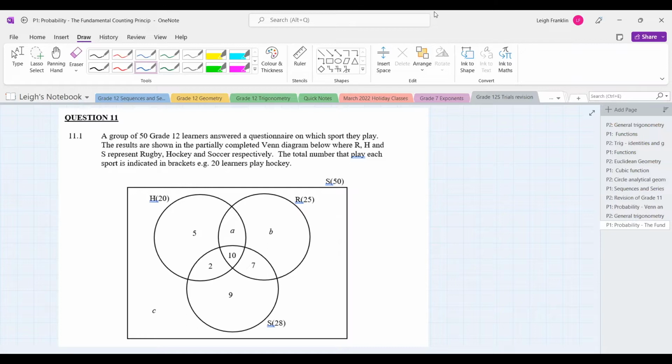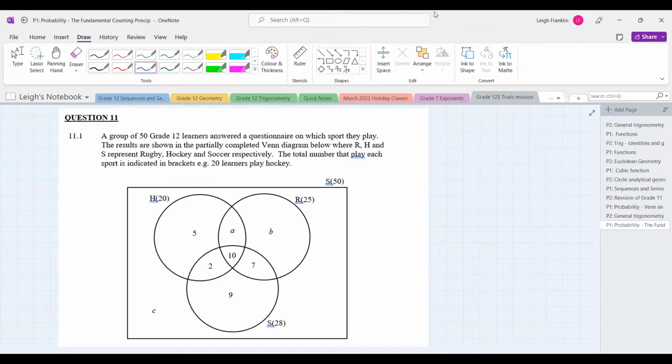So this is a very typical question on Venn diagrams, so I thought that I would do this with you tonight. It starts off by telling us that there is a group of 50 grade 12 learners, and that they've answered a questionnaire on which sport they play. The results are in the partially completed Venn diagram below, where R, H, and S represent rugby, hockey, and soccer respectively.